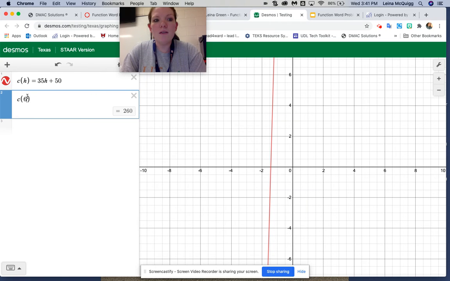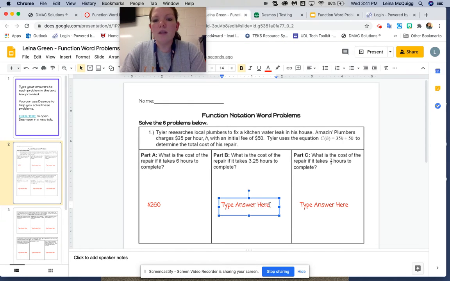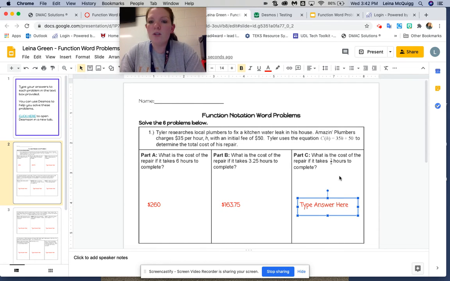All right, what is the cost of the repairs if it takes 3.25 hours to complete? So again, now we're not saying 6 hours, we're saying 3.25 hours. It's going to cost $163.75. So over here, I'm going to type in a dollar sign because this is dollars, $163.75. This last question, what is the cost of the repair if it takes 3/8 hours to complete?